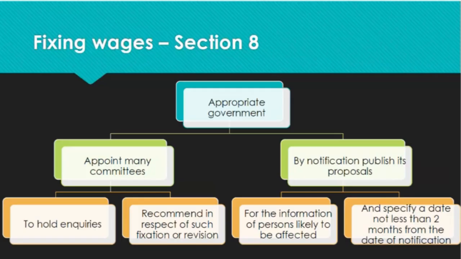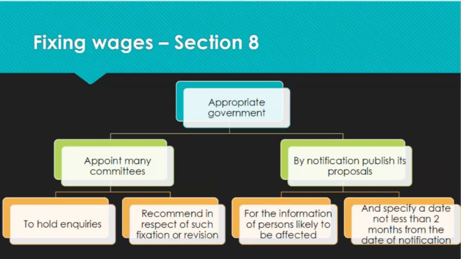Whoever has objections or suggestions, they can write within 2 months. Post 2 months, a date will be defined in the proposal itself. So that will be within 2 months. So after 2 months and a particular date, the government will take up the proposal and the suggestions or objections.